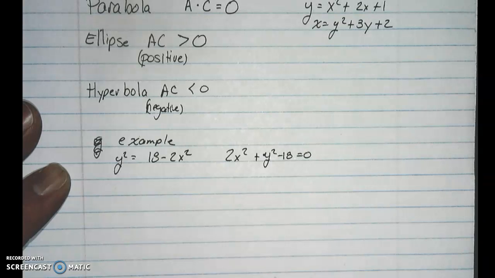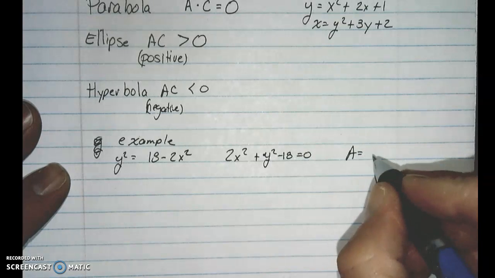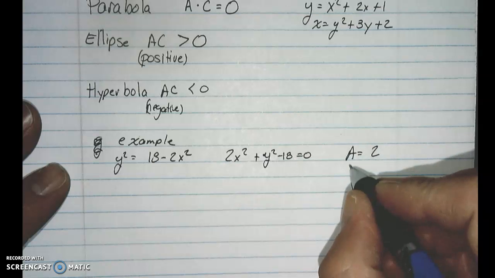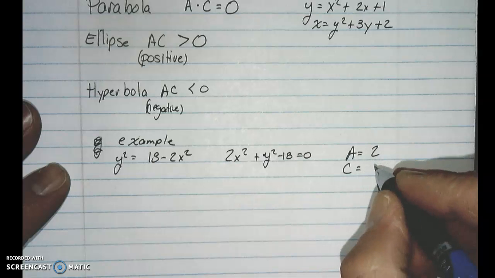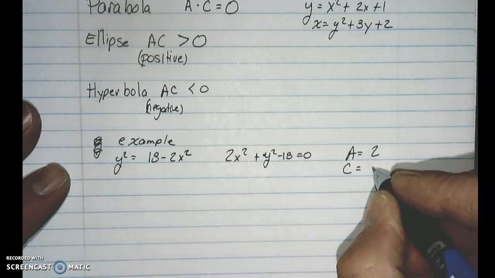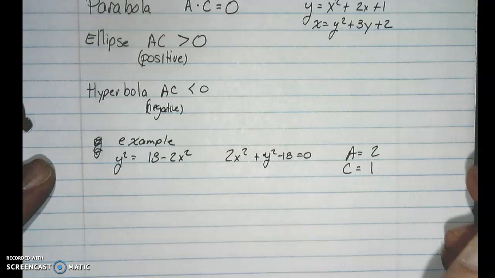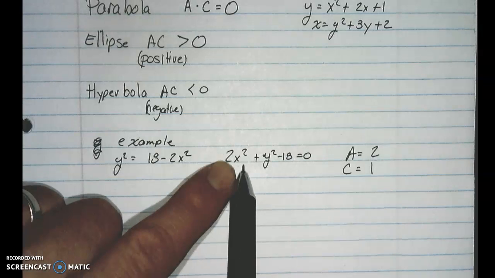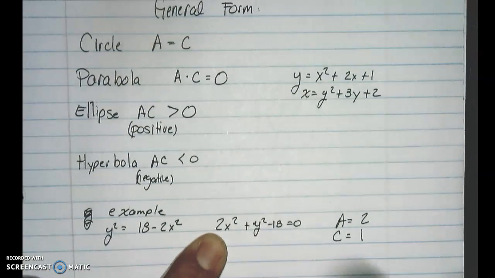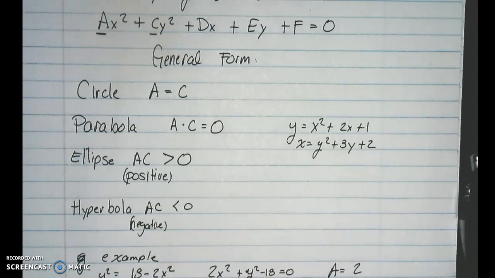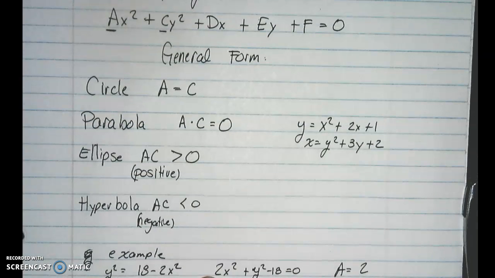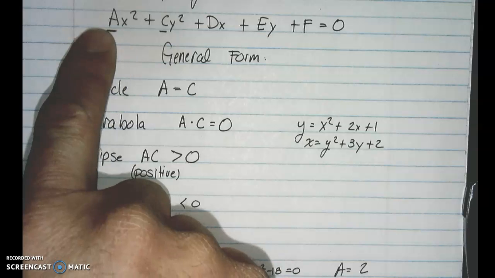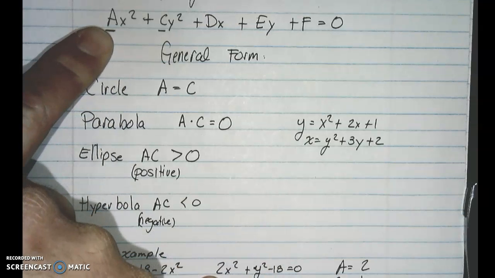All right. So what's my A? What's my C? 1. Because I'm looking at the x squared, there's the A because it's x squared, right?